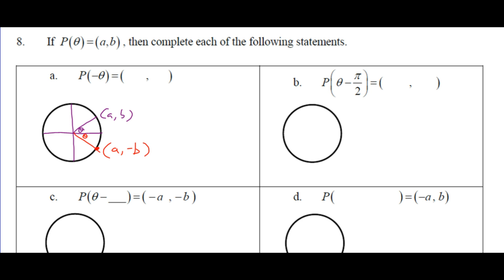All right, first, let's just sketch in a theta. Sketch in a better theta. Okay, so here's an angle theta, and it has coordinates (a, b). So I want to go theta minus pi over 2.